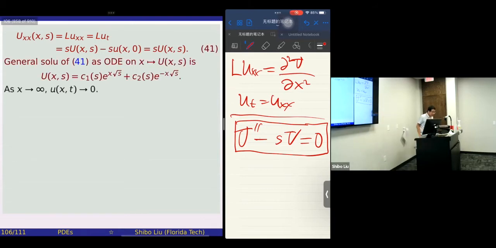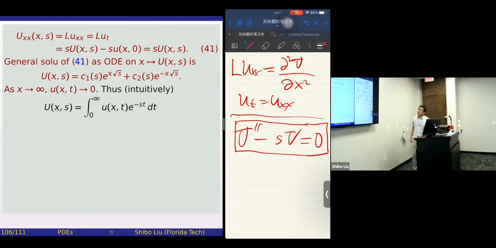But remember our solution, the temperature at infinity, tends to 0. Using this property, we see that our capital U, by definition, is the integral of small u times the exponential. When x goes to infinity, this goes to what?